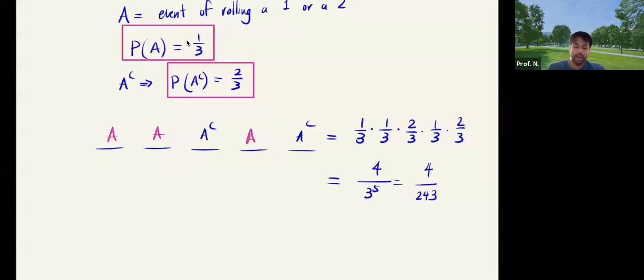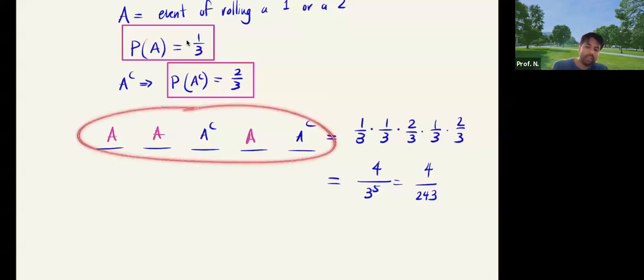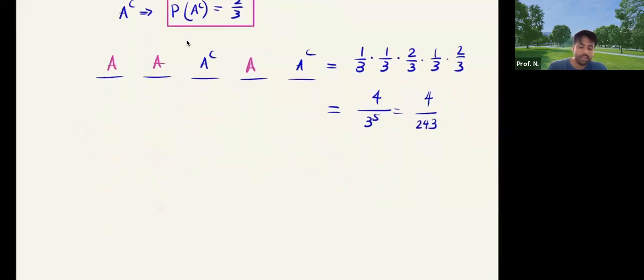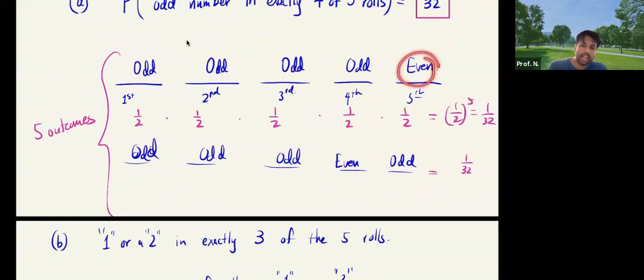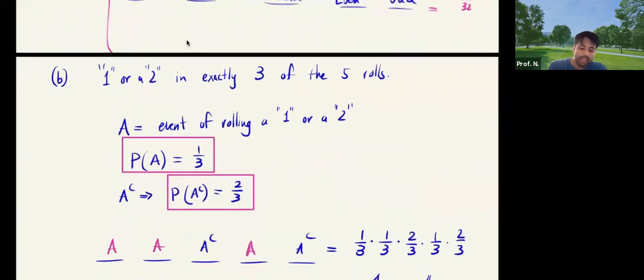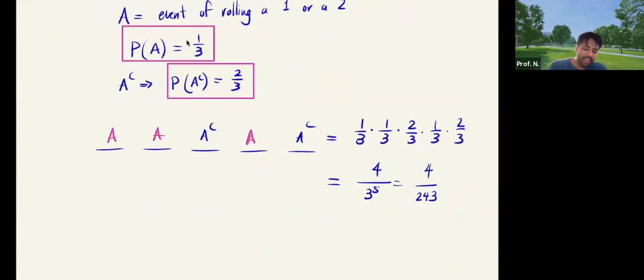But this is only one configuration of having the first, second, and third rolls. I can also have other arrangements. No, it's not times 5, Alexandra. That times 5 was only because even has only one position. You have 5 positions for even; even can be in 5 different places, and there's only one even number. This one is a little bit different because I have 3 of those that I want to be 1 or 2.